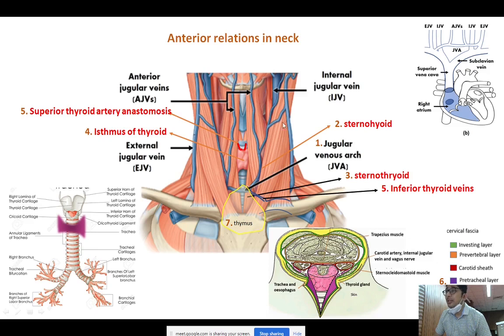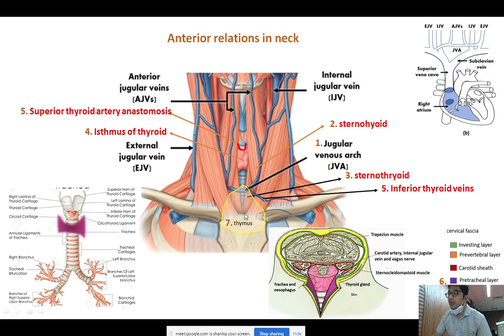So in the neck, you can see the clavicle, the manubrium sterni, and some muscles over here. These muscles run from the sternum to the mastoid process, so this is known as the sternocleidomastoid. Then a muscle running from the sternum to the hyoid bone is the sternohyoid.